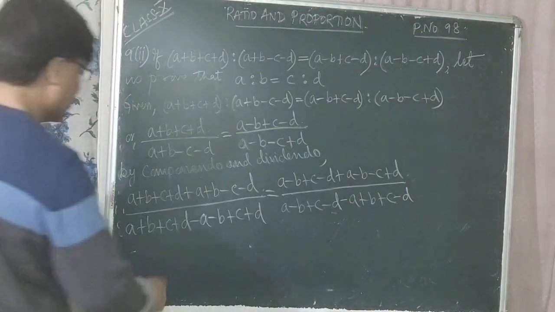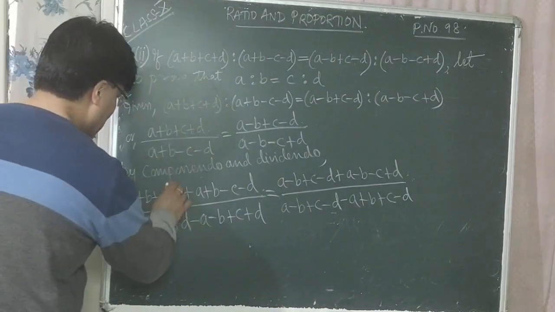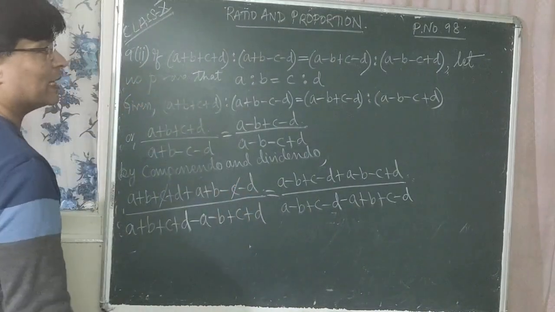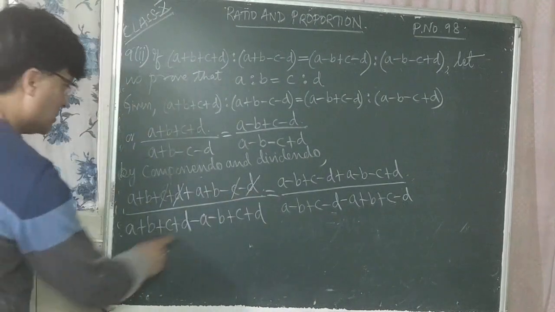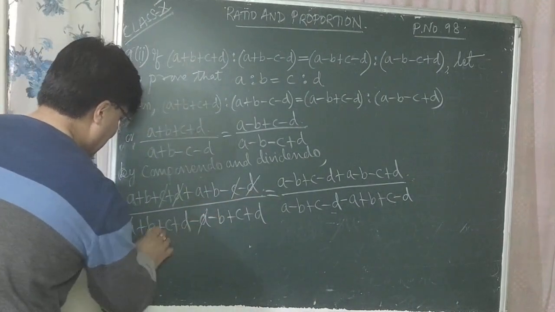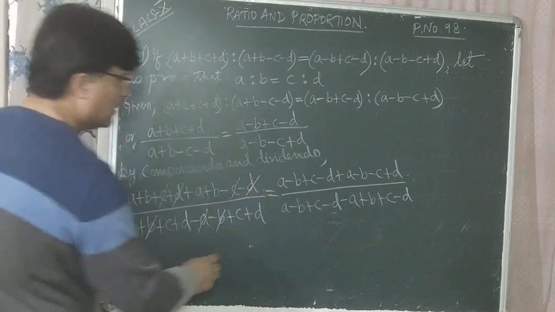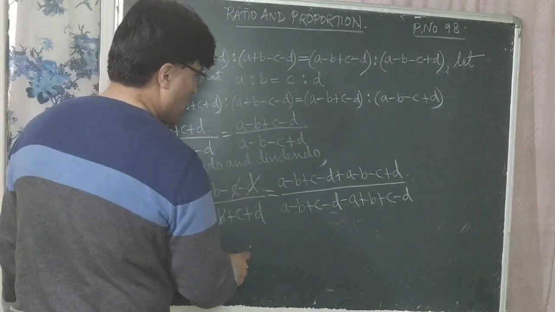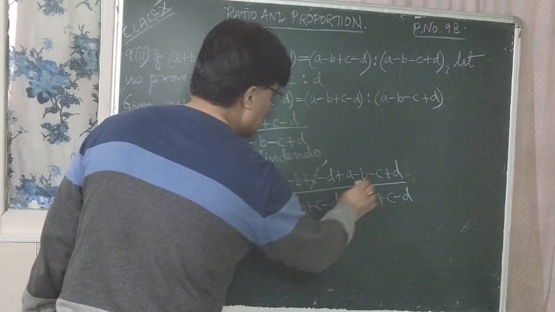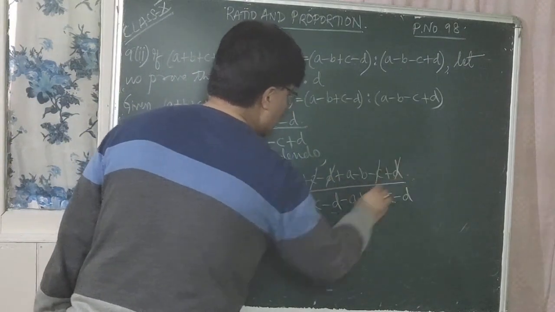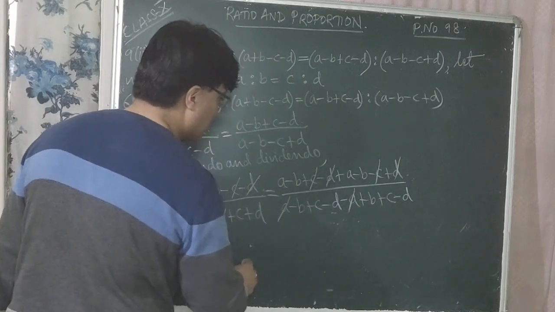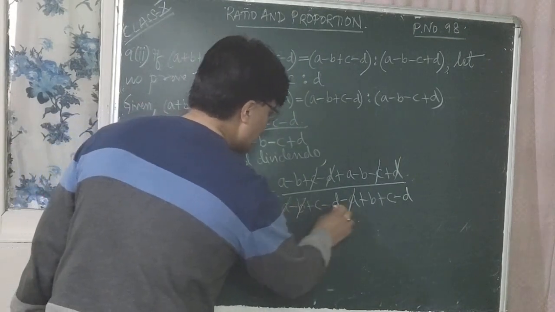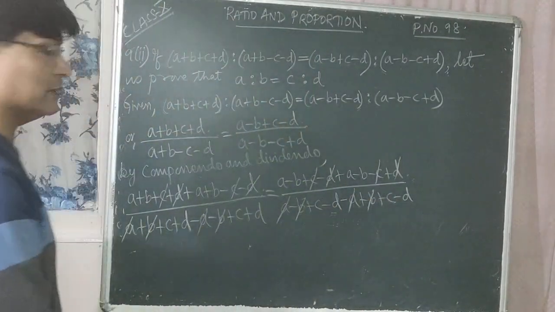So here you can cancel. Plus C minus C will be cancelled. Next, plus D minus D will be cancelled. So here A and B will be cancelled. And here plus A minus A, then minus B plus B will be cancelled.